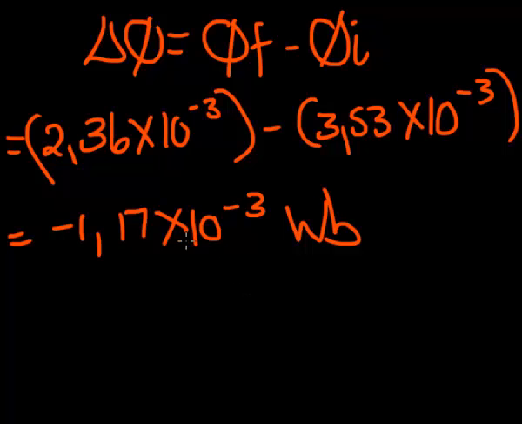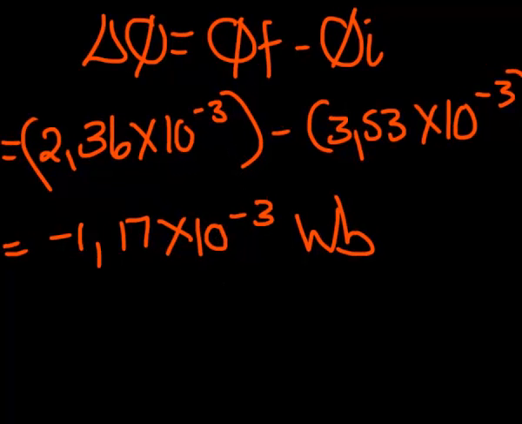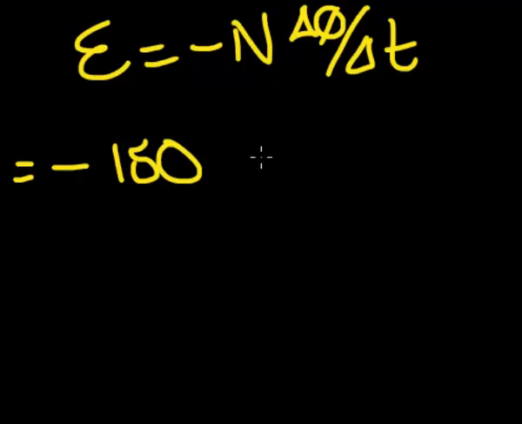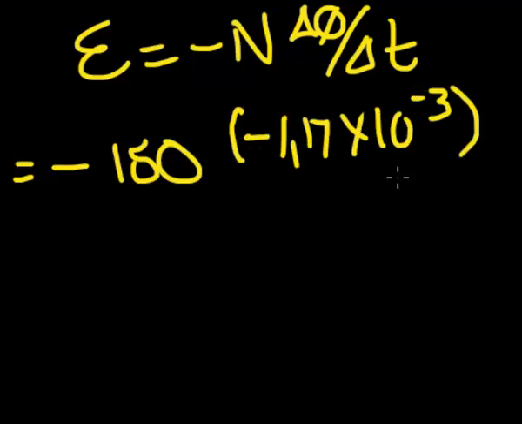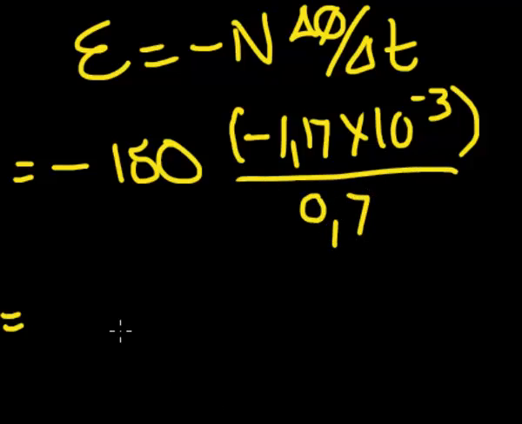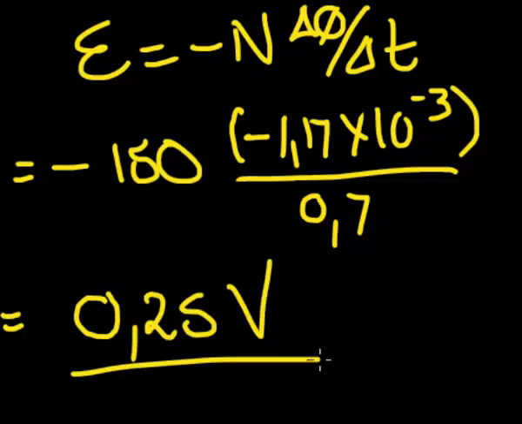Now we're going to leave this negative with my answer and carry it over to the last part of the calculation. So it's a negative 150 windings in this case. My change in magnetic flux is a negative 1,17 times 10 to the power of negative 3 divided by the change in time, which was given as 0,7. And my final answer is 0,25 rounded off to 2 decimal places, volts.